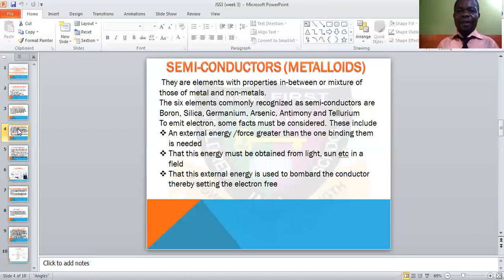Then we have how you emit electrons from these particular metalloids or semiconductors we're talking about. Some facts must be considered in your mind. That is, external energy or force that is greater than the one binding them is required.